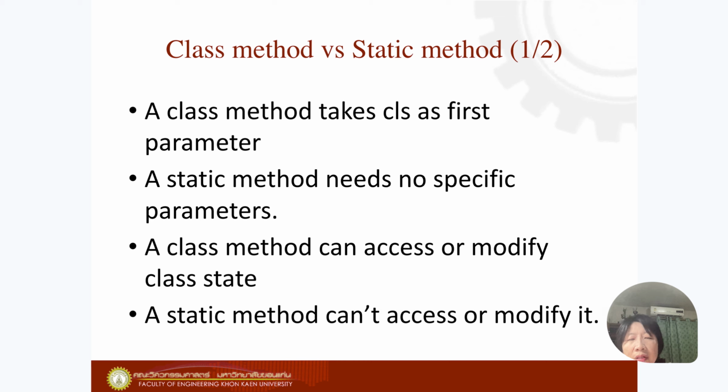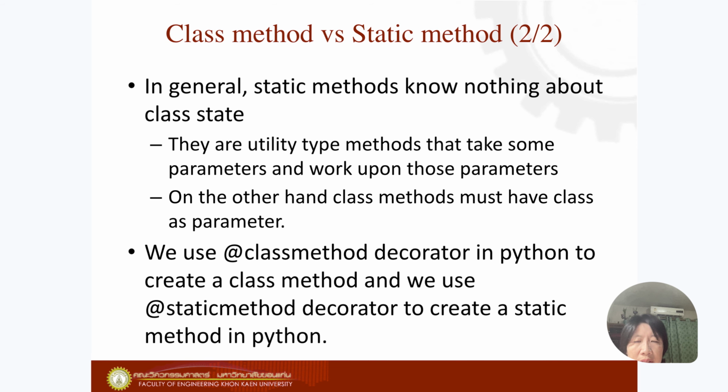So here a class method takes class as first parameter, but a static method needs no specific parameter. A class method can access or modify class state, but a static method cannot access or modify it. In general, static methods know nothing about class state. They are utility type methods that take some parameters and work upon those parameters.